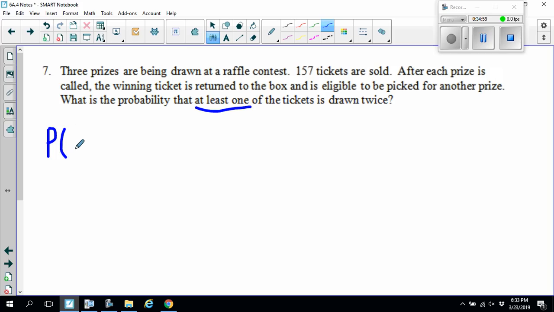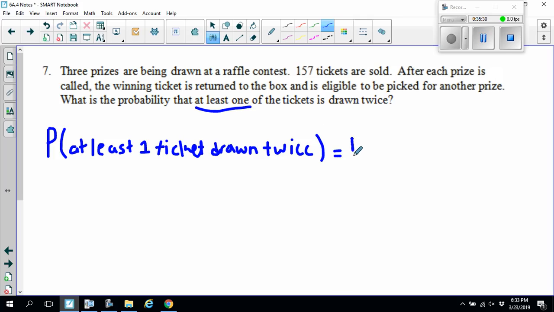So the probability that at least one ticket is drawn twice. So our complement, we're going to have 1 minus.